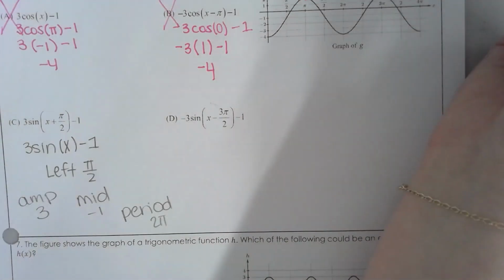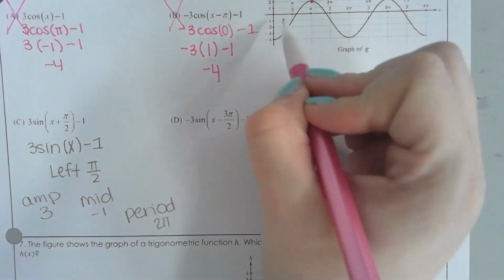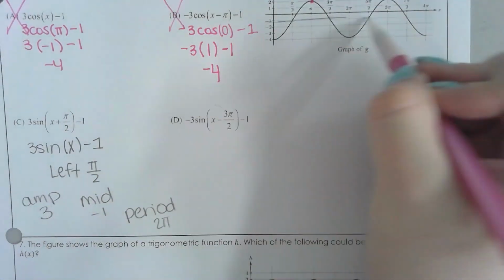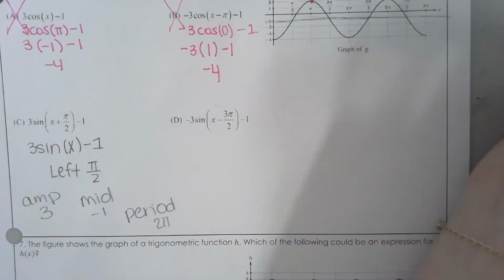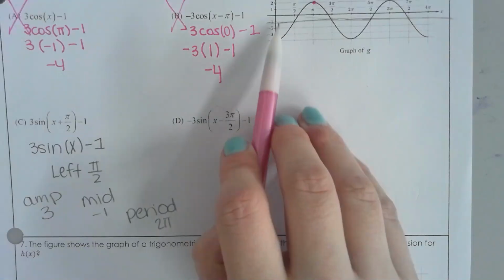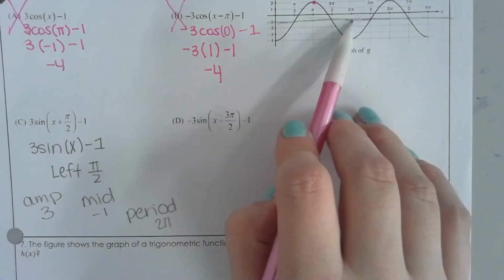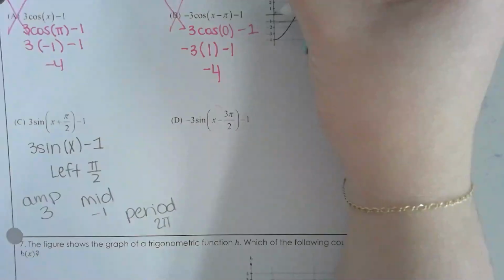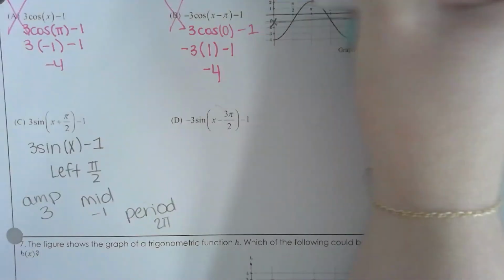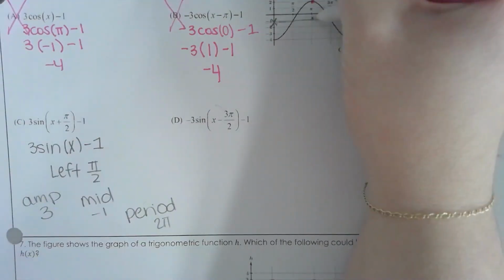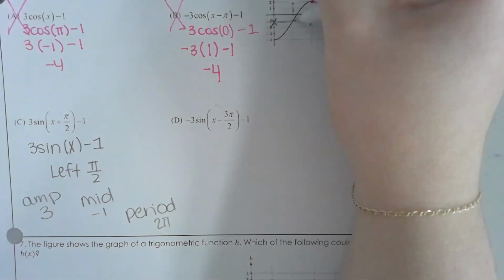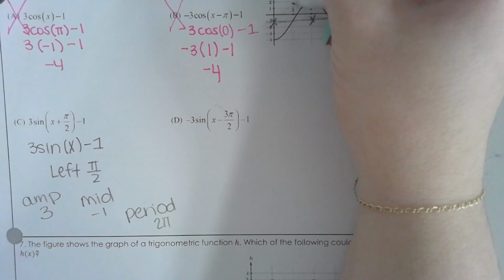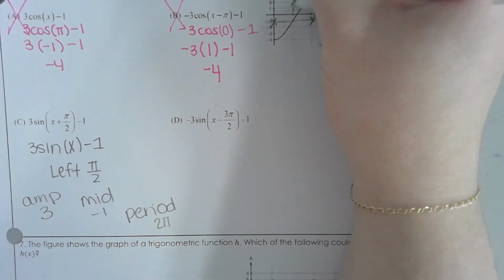So I would say, all right, midline negative 1 right here. Put 3.